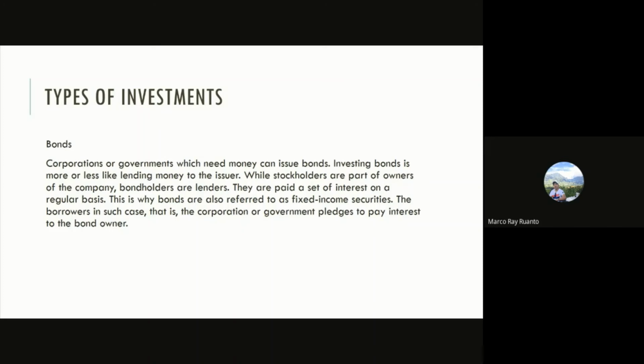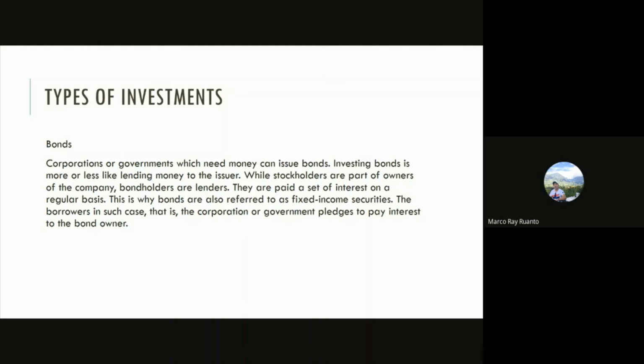Okay? So, by the way, fix siya, fix. Ang imong return of investment ani is fixed, no? So again, what is being paid to you is the interest, no? In return. Pero dili ka owner.